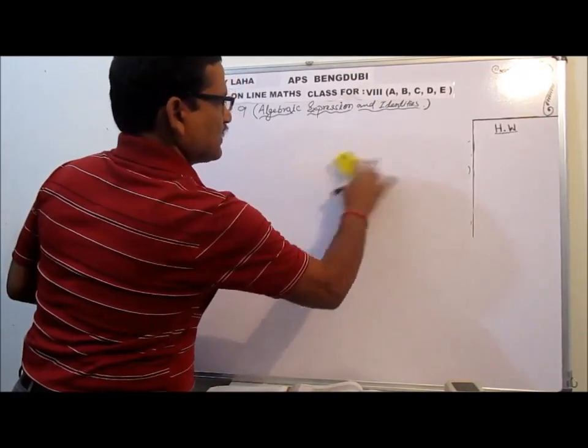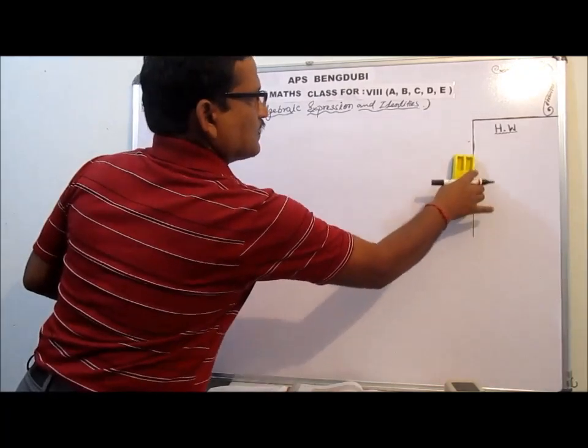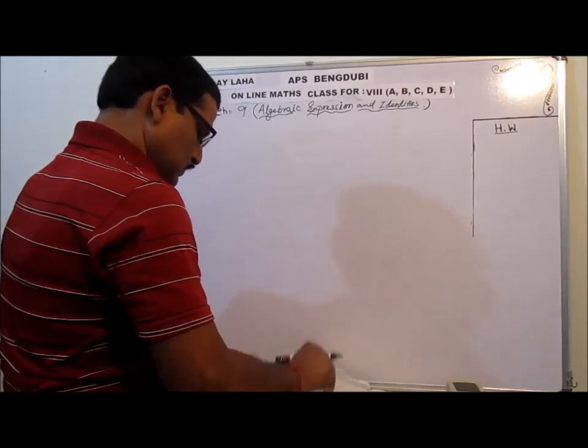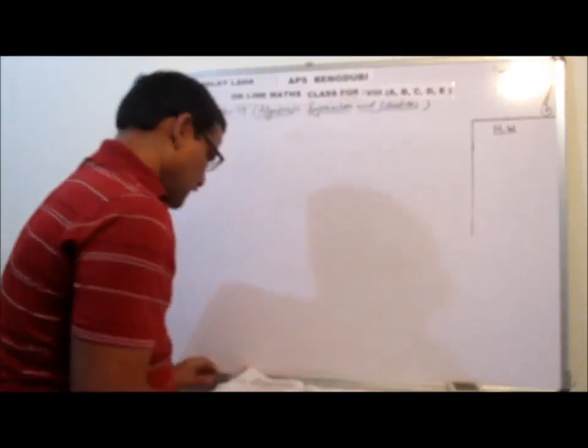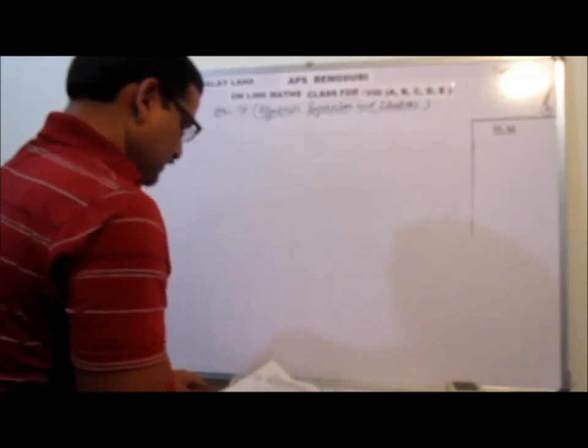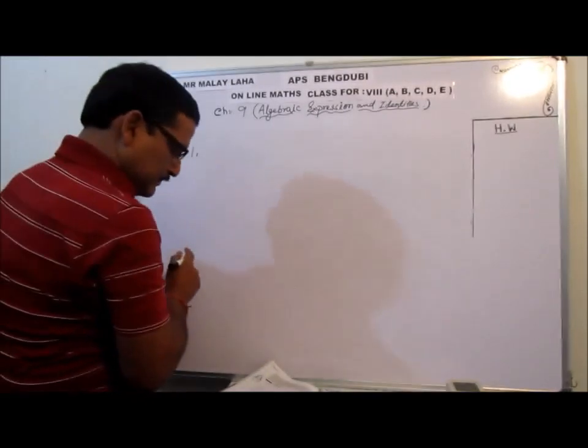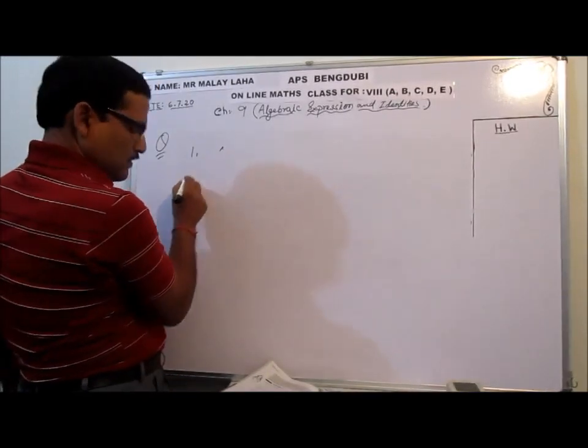So as per the instruction, you have to proceed. What was the instruction given? First question: identify the terms and their coefficients for each of the following expressions.